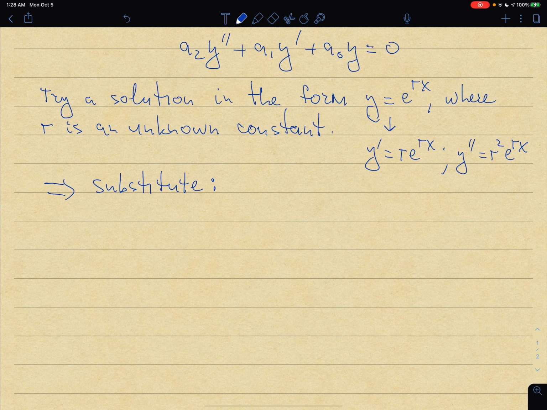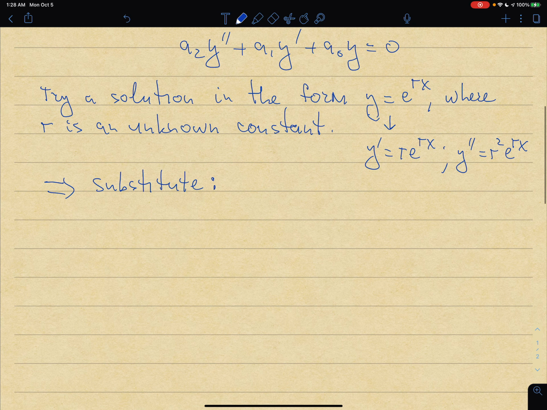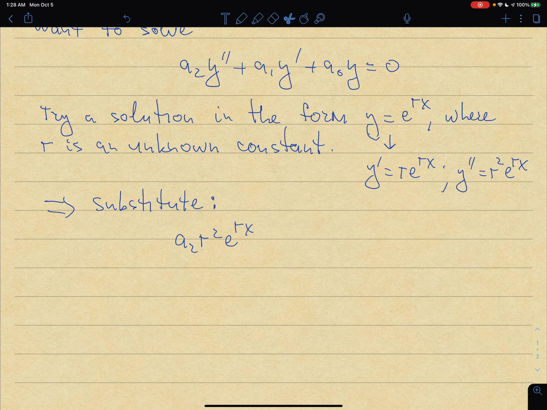And once I substitute this solution into the equation, then I'm going to get a2 r squared e to the rx, for a2 times the second derivative, plus a1 times the first derivative, which is written here, and plus a0 times the function, which is e to the rx. And I want that to be equal to 0.